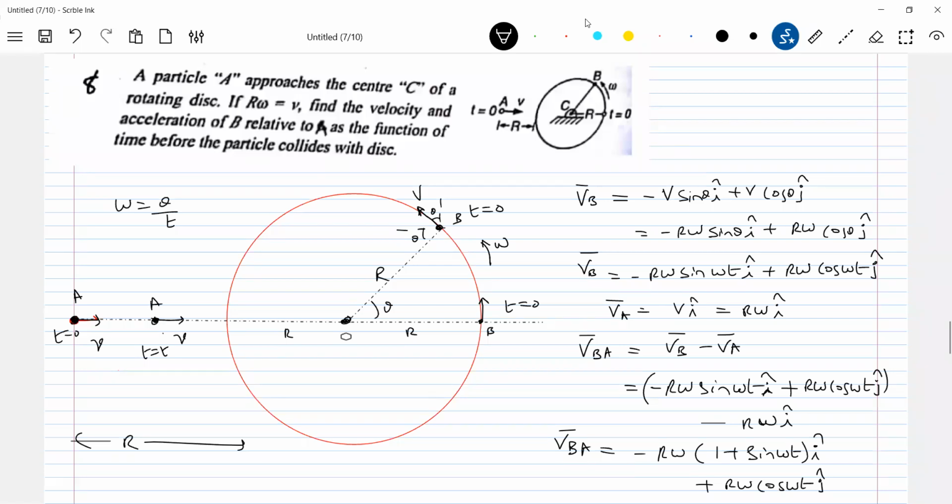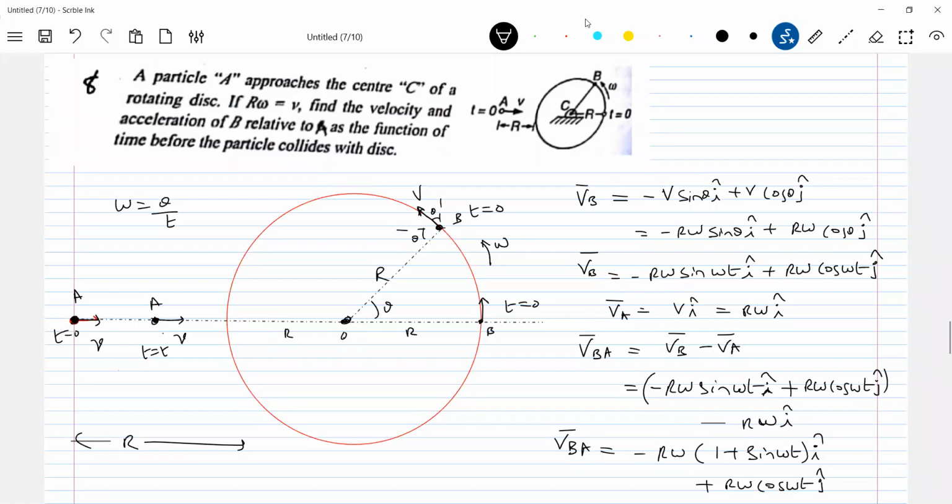Fine. So now he's asking for acceleration. What to do with acceleration? Particle A, what is the acceleration of particle A? 0. What is the acceleration of B? Any acceleration is there? Centripetal acceleration, equal to omega square R, directed towards the center O. That's all, no?